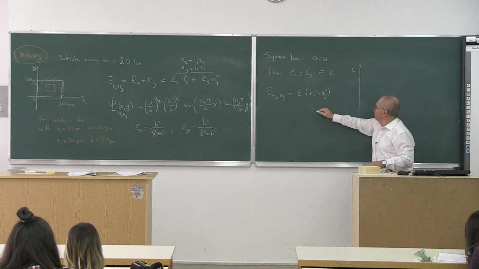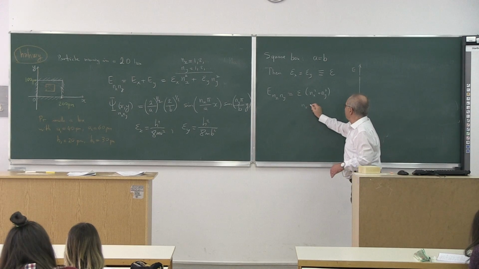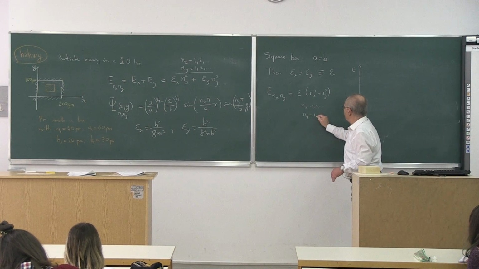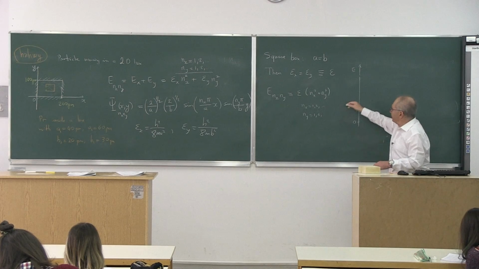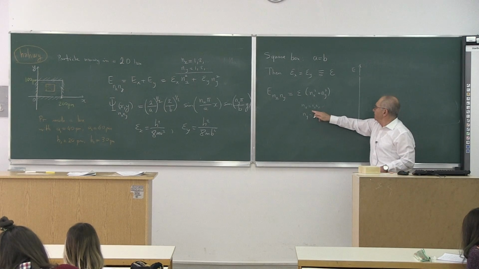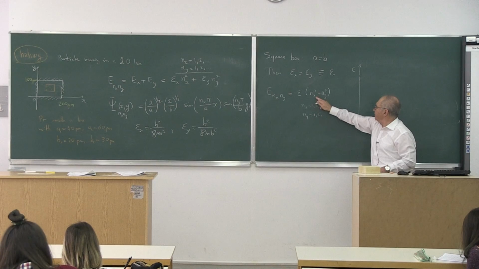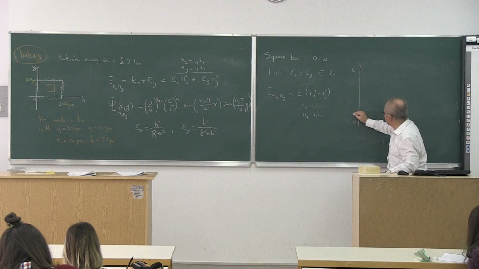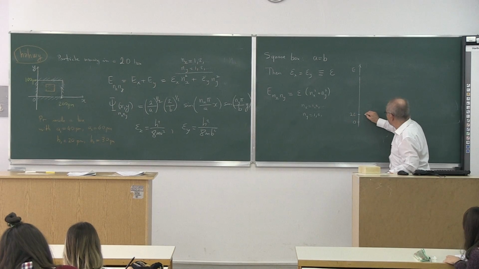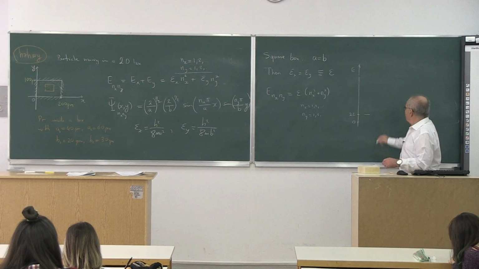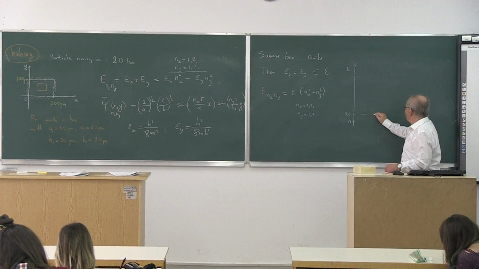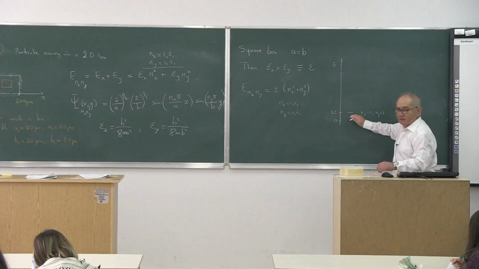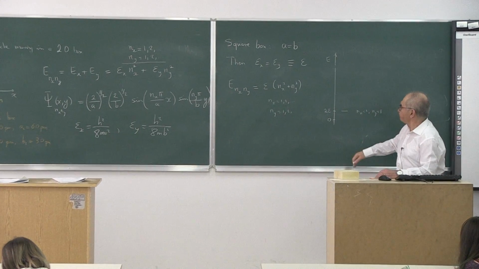Now, lowest energy, of course, is selection of nx and ny to be 1. So this gives 1 plus 1, 2 epsilon. So here we have nx equals 1, ny is also 1. This is the lowest level.